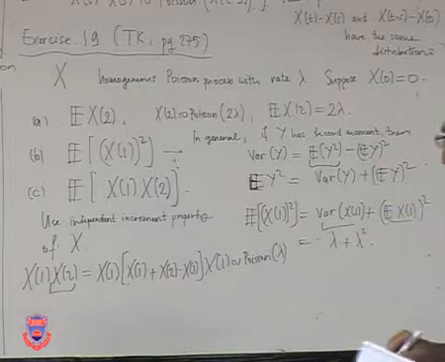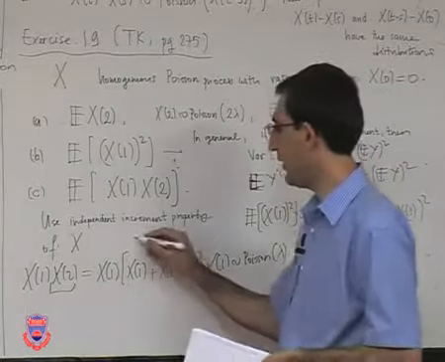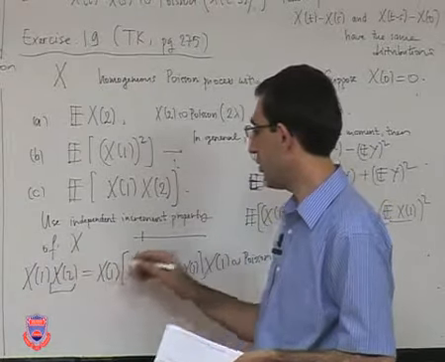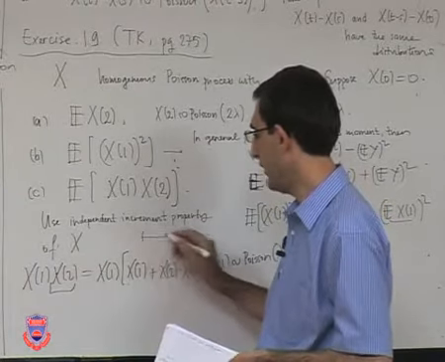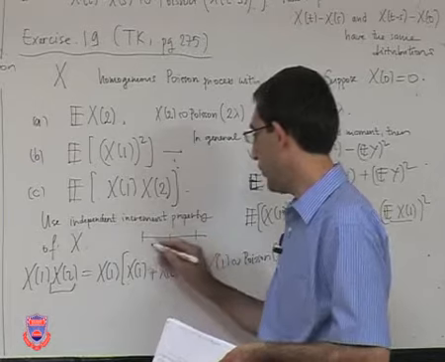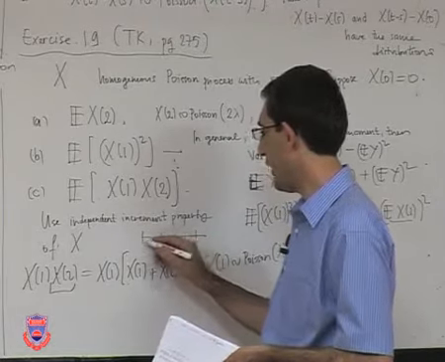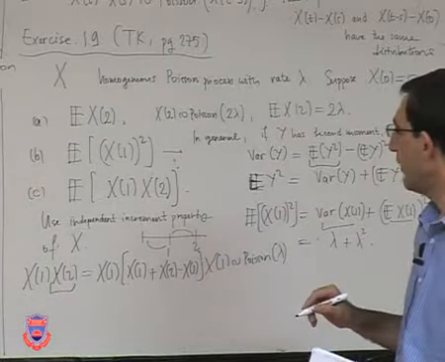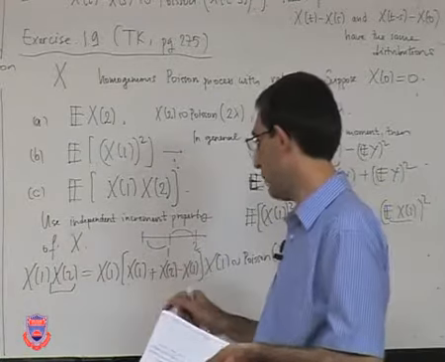I just split the contributions to this count from the interval up to time 1 and the time interval from 1 to 2, right?